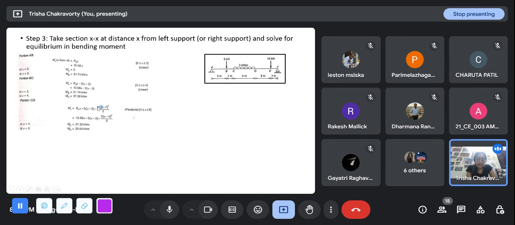So what comes is W into x minus 4 whole square by 2. So this is a parabolic equation. When there is a uniformly distributed load, the bending moment diagram is a 2-degree equation. So this is the equation I'm coming up with, the parabolic equation. I put x equal to 4 and I'll get the same as this MC. I'll put x equal to 8 and I'm getting something different, and it will not be joined by a straight line. So let's see.